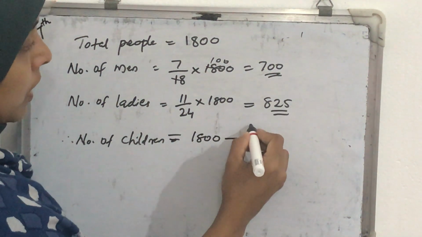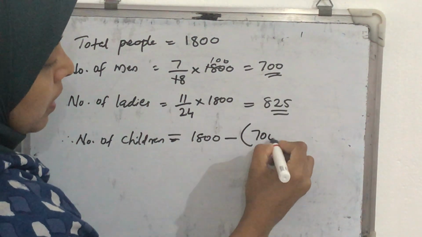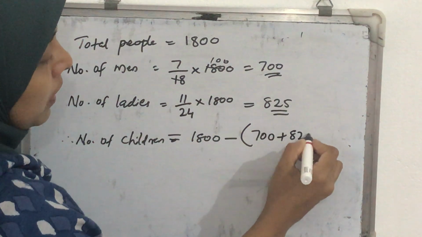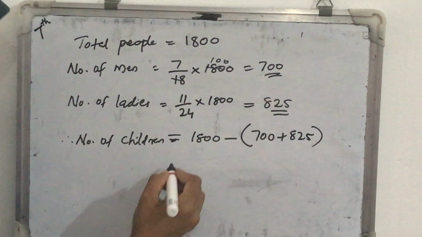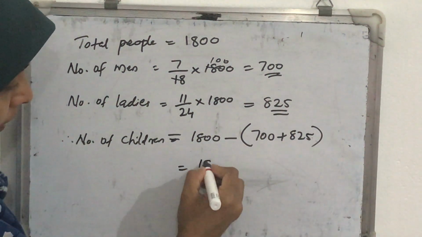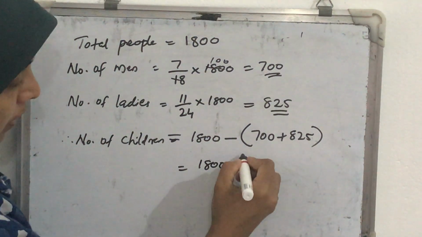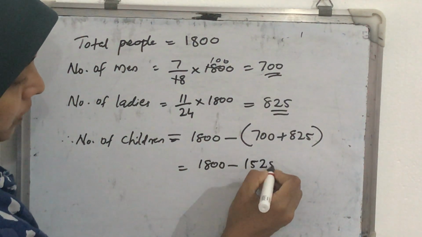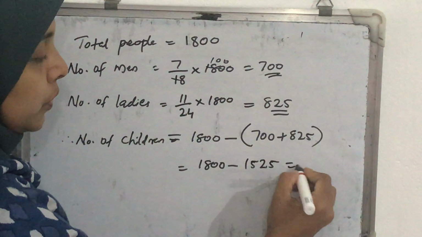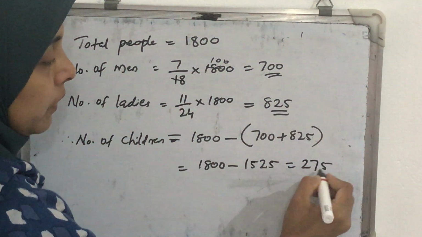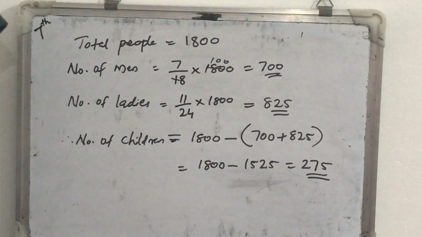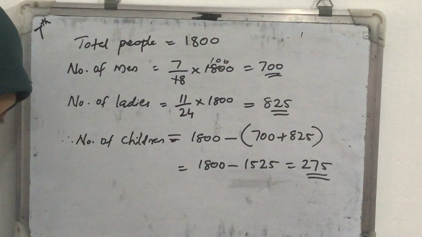So 1800 minus (700 plus 825), that is 1800 minus 1525, which equals 275. So we got the number of children.